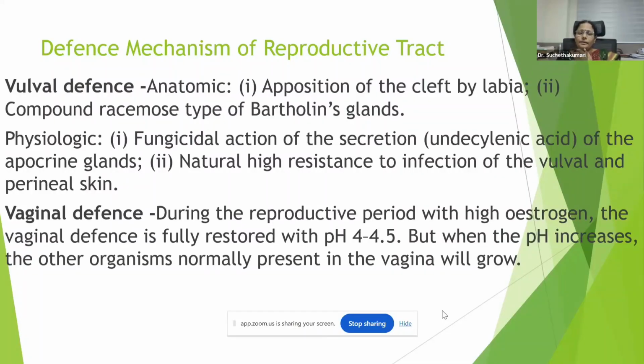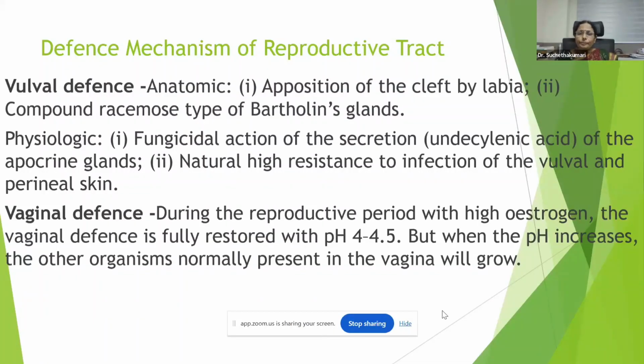From the anus there is high contamination, and on the other side from the urinary tract also there is high contamination. But still we see that this contamination will not be transported to the reproductive tract. That is because of the special defense mechanism which prevails in the reproductive tract.